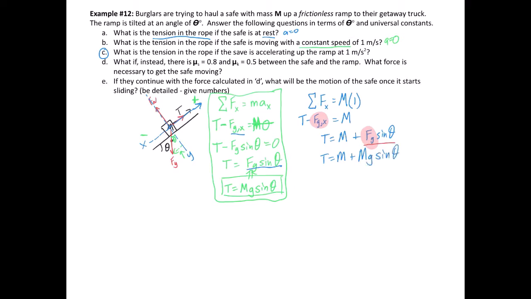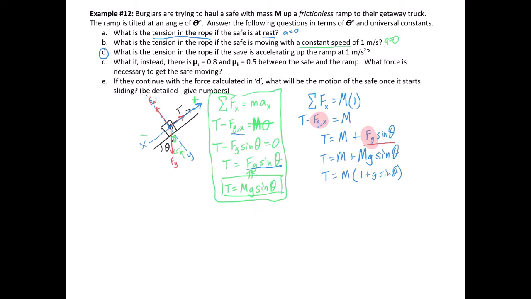The sine of theta is what's going to adjust it so that we just get the horizontal piece of that weight, which is mg. All right, you could rearrange this if you wanted. Sometimes AP will ask you to show that it looks like this, m times 1 plus g sine theta, right? Something like that you could do.